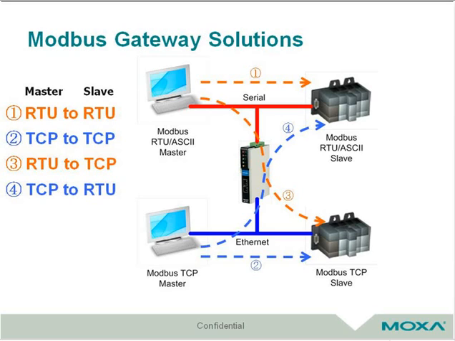The first and the second are the original usage: a Modbus RTU master communicates with a Modbus RTU slave, and a Modbus TCP master with a Modbus TCP slave. With the gateway, the third is a Modbus RTU master communicating with a Modbus TCP slave, and the fourth is a Modbus TCP master connecting to a Modbus RTU slave.